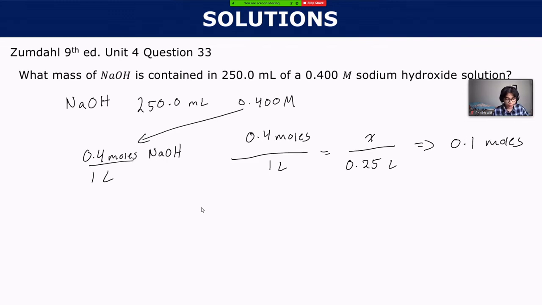And if we're asked to find the mass, all we need to do is multiply the number of moles by the molar mass. So 0.1 times the molar mass of NaOH, about 40 grams per mole, comes out to about 4 grams. So the mass of the NaOH contained in this solution is about 4 grams.